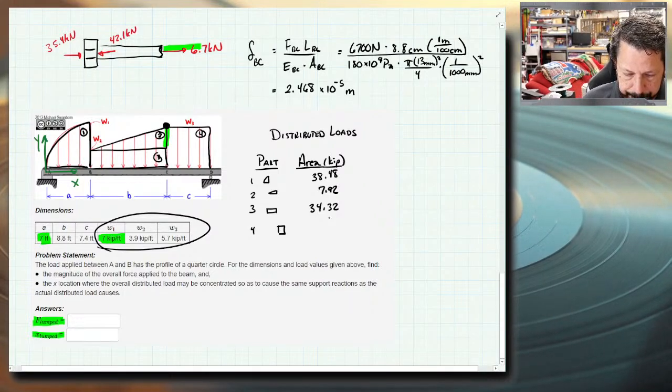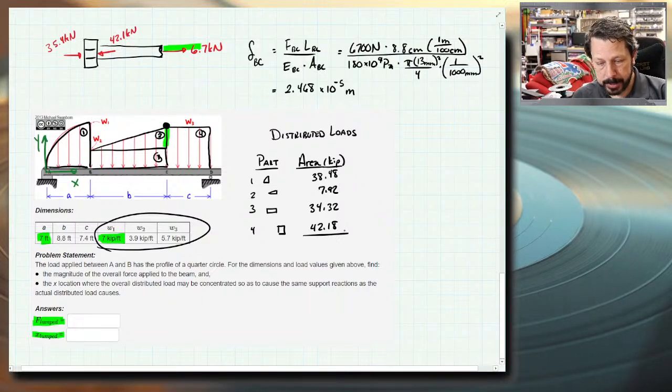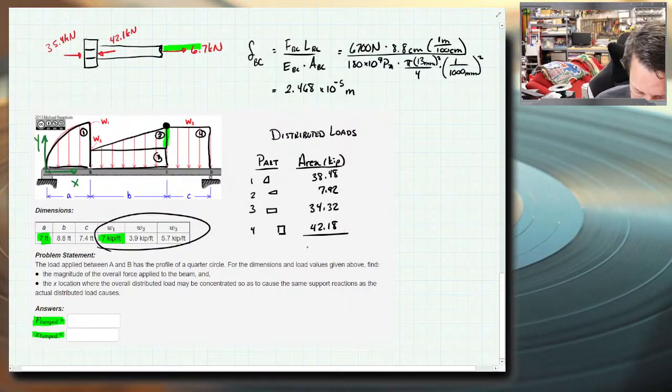The rectangle at the end has W3 of 5.7 and C of 7.4. So 5.7 times 7.4 is 42.18. These all end up in kips. The total area is 38.48 plus 7.92 plus 34.32 plus 42.18, which is 122.9 kips.